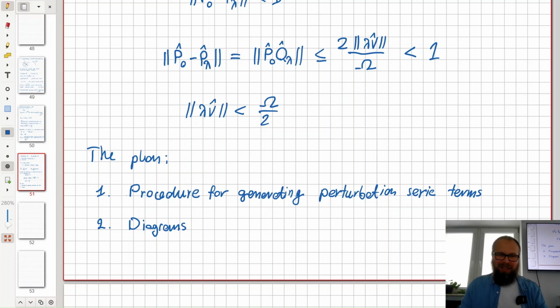That would be step number two. Now step number 3, once we have that, we have the structure of our perturbation series locked down. We can calculate this stuff, so the last step would be to ask, but does it converge? So radius of convergence. Estimate the radius of convergence.